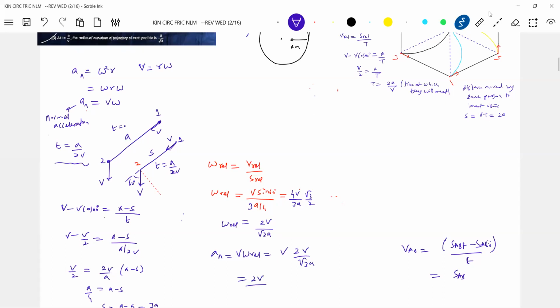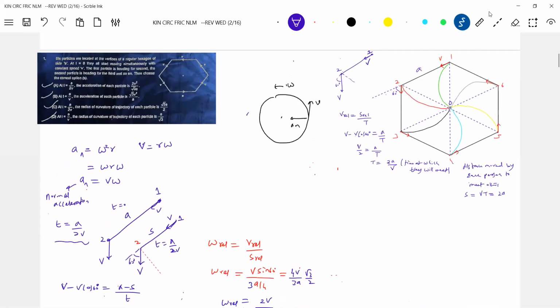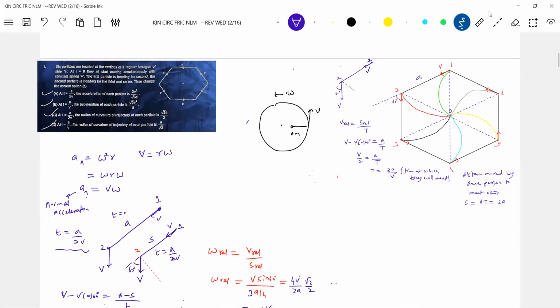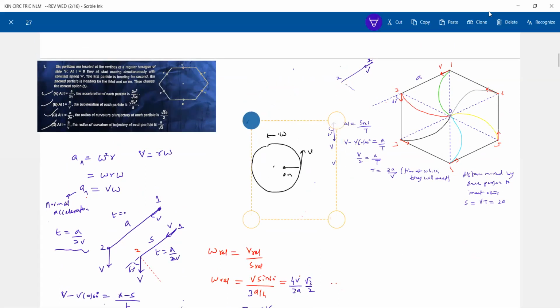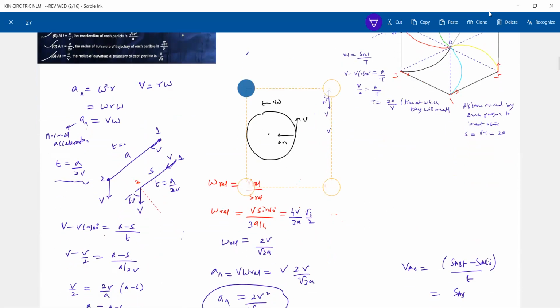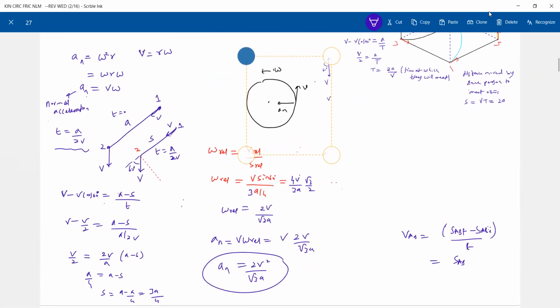So this will become 2v square by root 3a. Okay, let's justify this particular formula. I'm taking help of the basic circular motion. How centripetal and tangential acceleration are related, I'll take help of this condition.